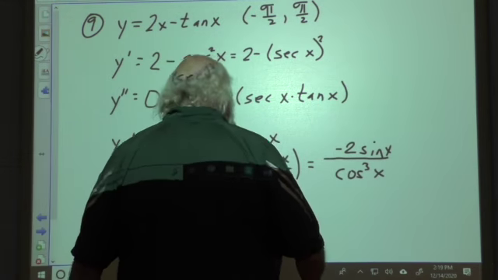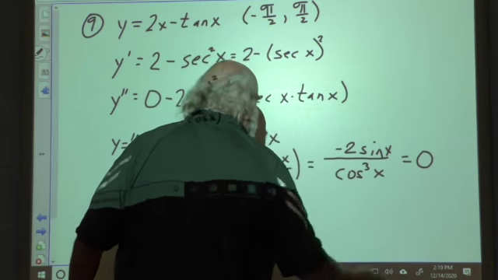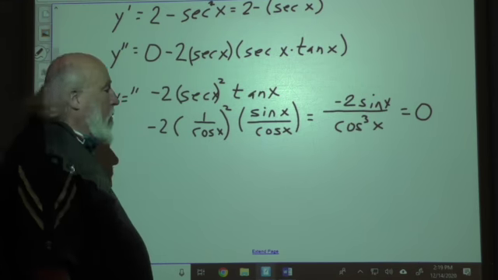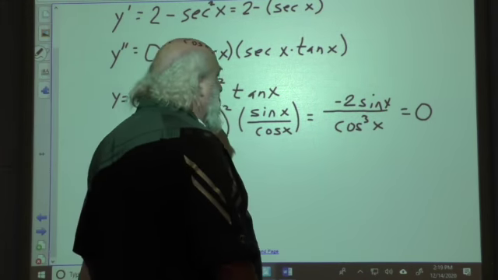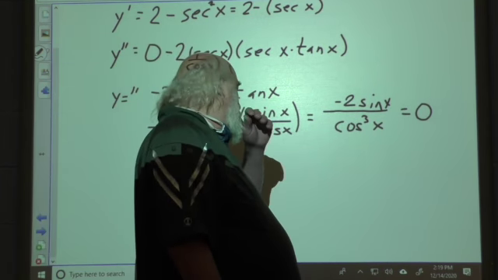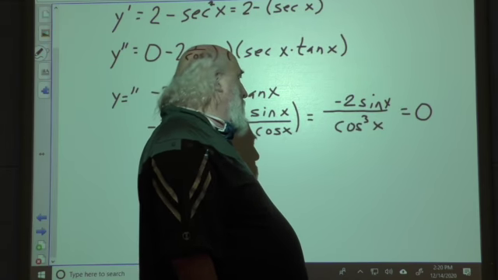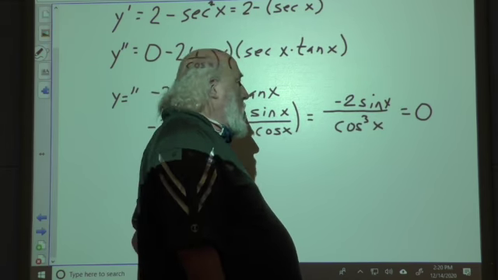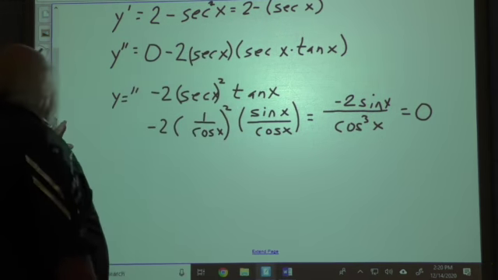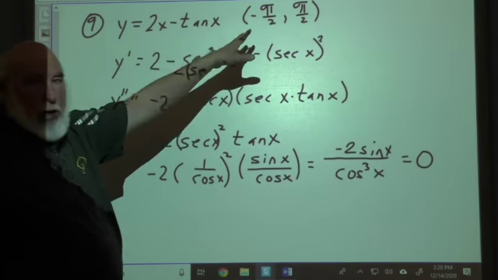So now we need to set that equal to 0. Okay? Now, what we're going to do is this, but first of all, we know that this can equal 0 when cosine equals pi over 2 or negative pi over 2, both of which are unavailable.